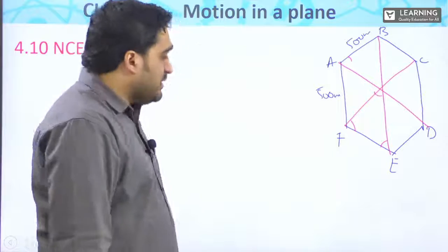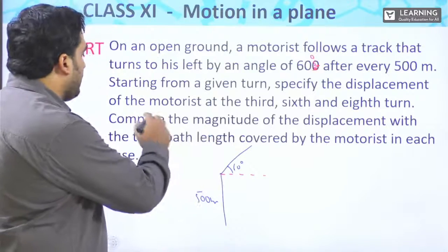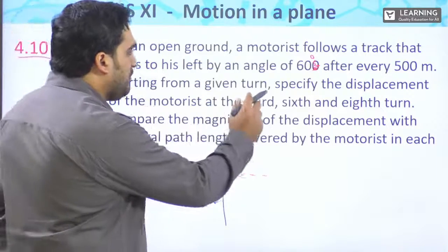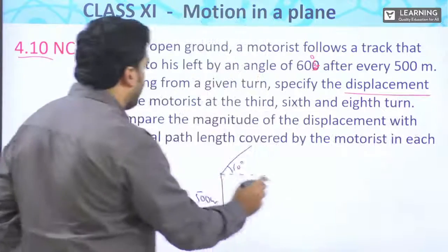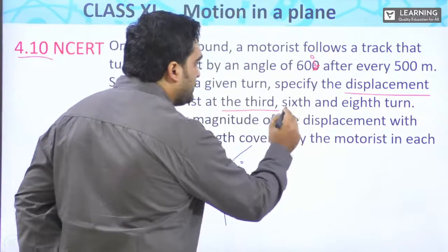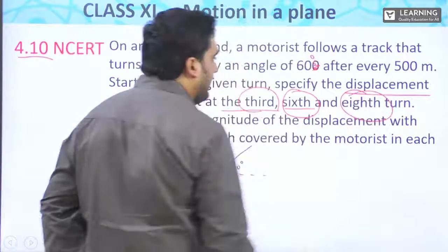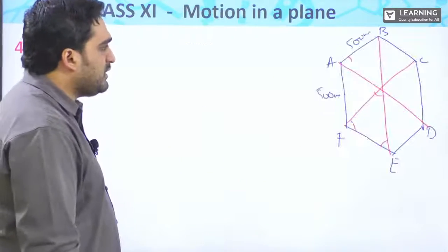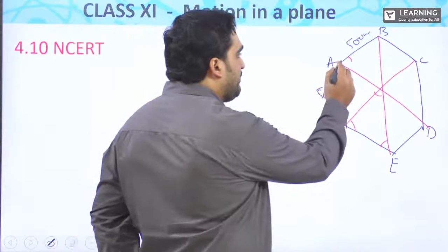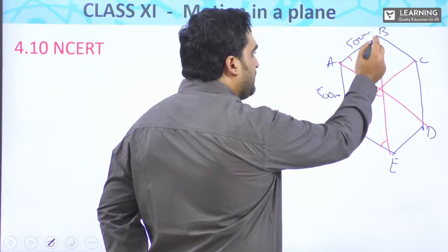So now the question is, you need to find what would be the displacement at the third, sixth, and the eighth turn. So let's go to the third turn. He starts from A, 500 meters, makes a turn.